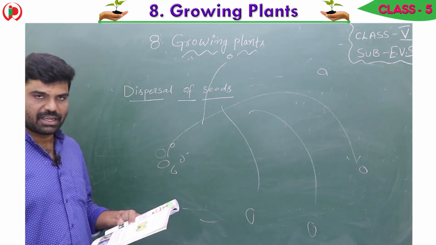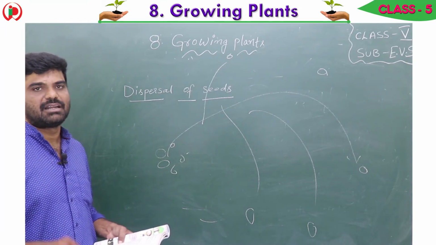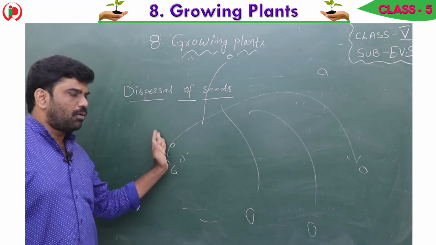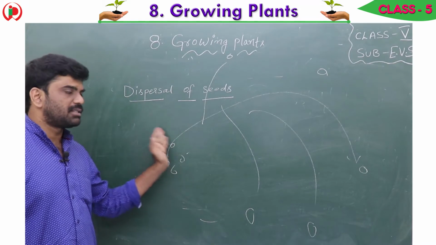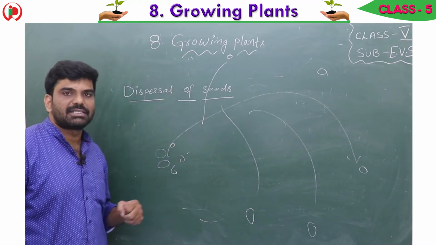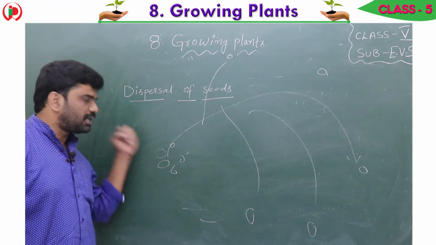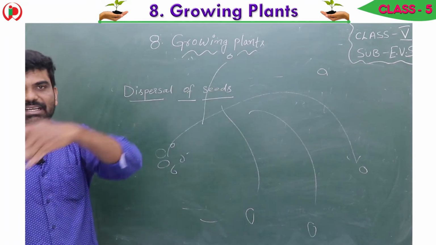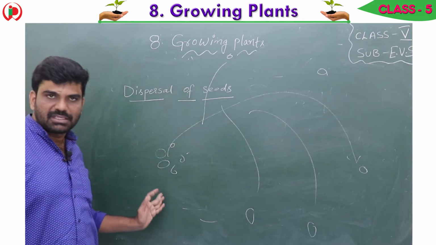Let us study about the agents of seed dispersal. Seeds cannot move on their own. Nature helps the seeds to go. But how? Yes, by some agents. Now let's study about the agents which help in scattering, that means moving away from their place, that means dispersal of these seeds.